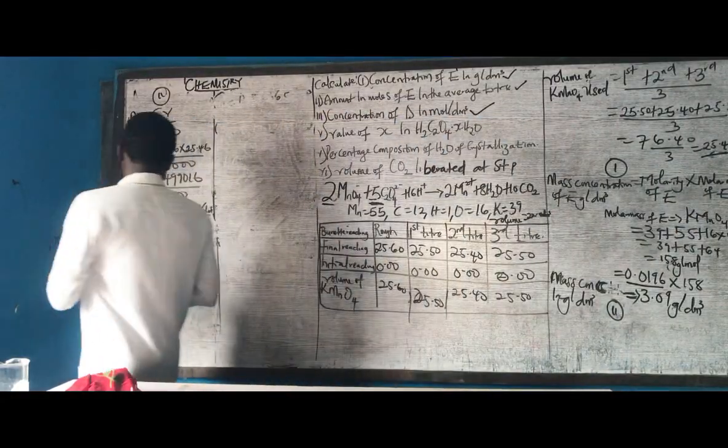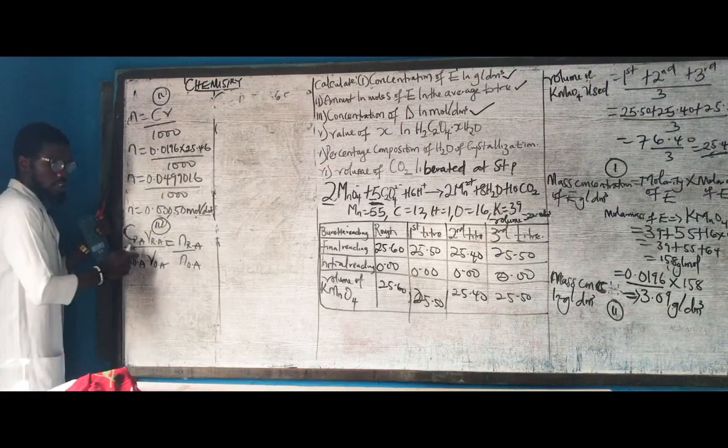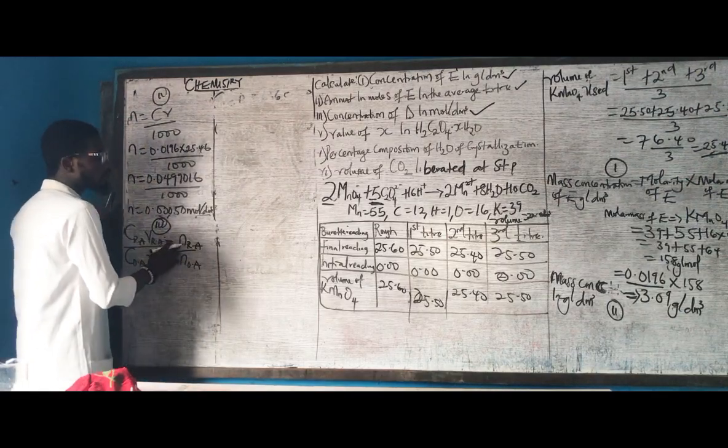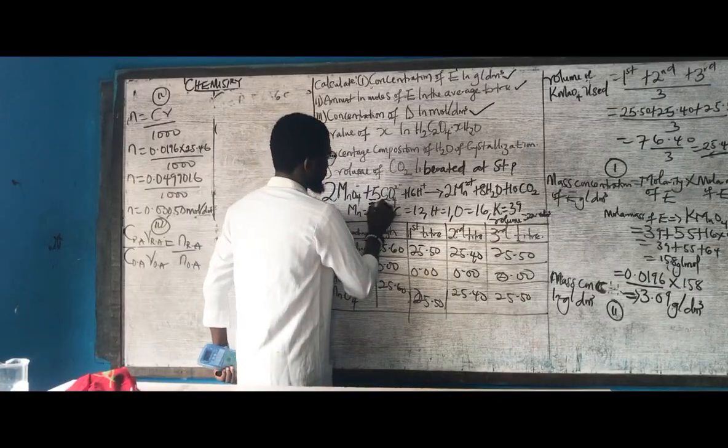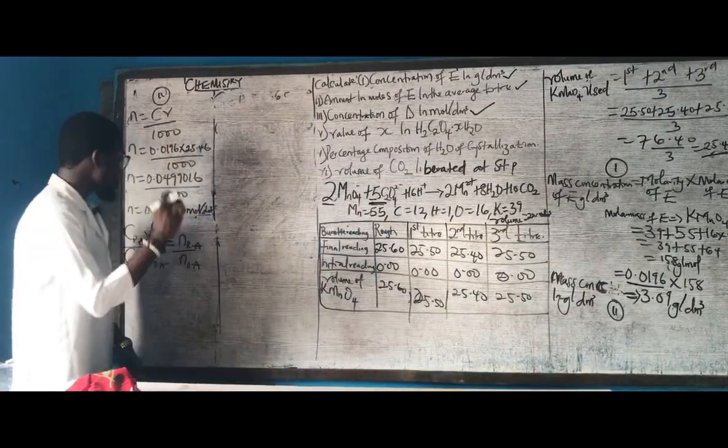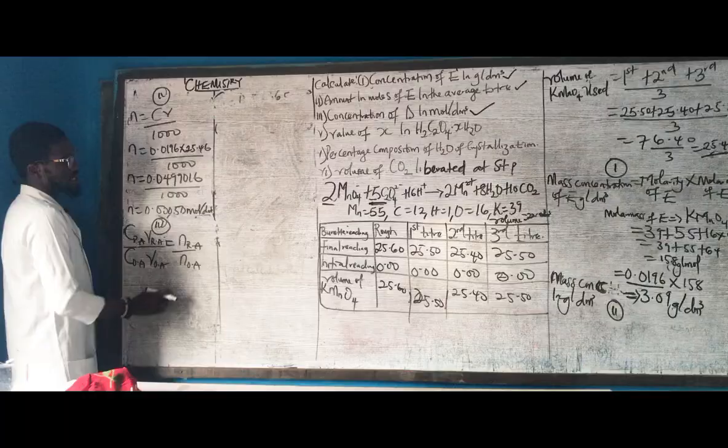Now, let's make this CR the subject of the formula. And the number of mole of reducing agent is 5. Are you with me? And the number of mole of the oxidizing agent is what? 2.